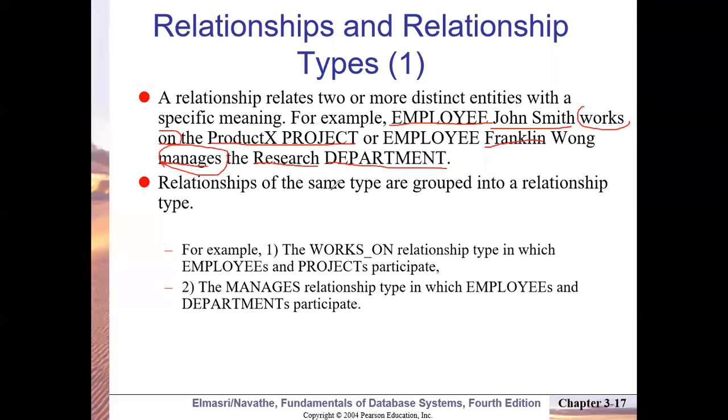Now relationships of the same type are grouped into a relationship type. So some time ago we defined the terms entity and entity type. What is the difference between entity and entity type?